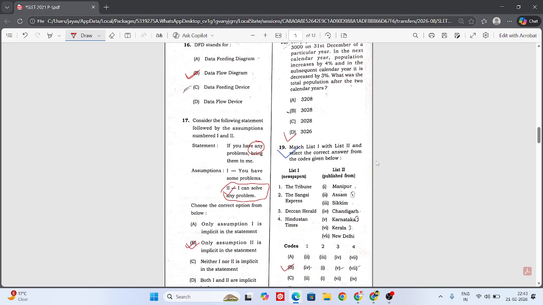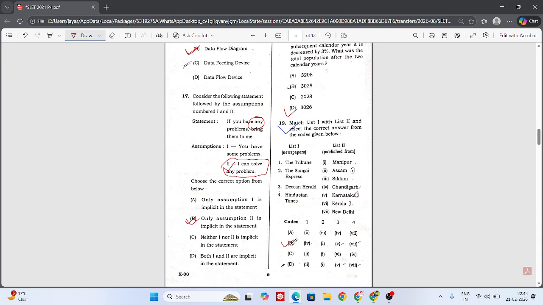Match list 1 with list 2. The names of newspapers are here, and the states which each newspaper belongs to. So it's very important, it's a repeating question. The Tribune is from Assam, we know, and then the Sangai Express is from Manipur, because the sangai is the state animal of Manipur.